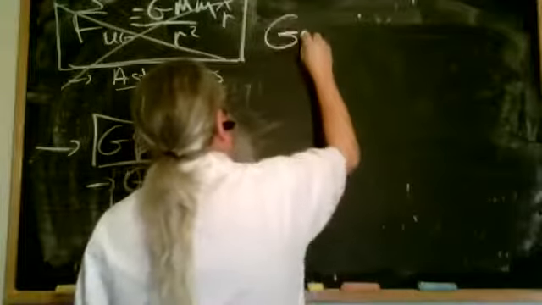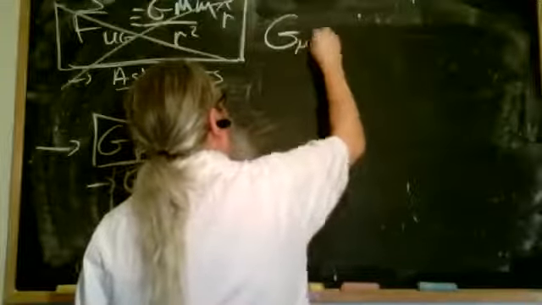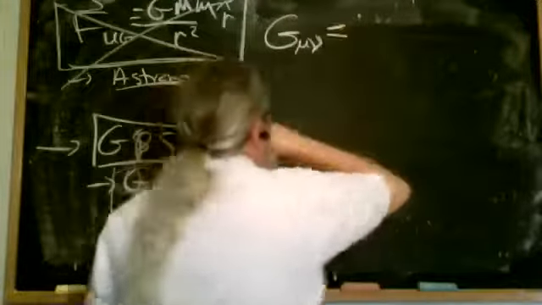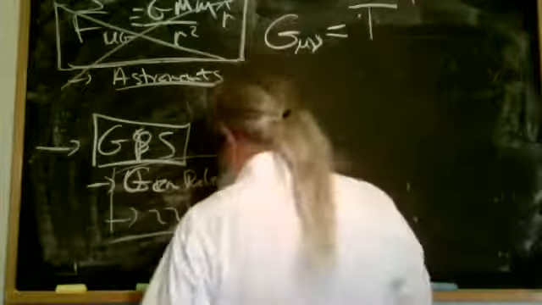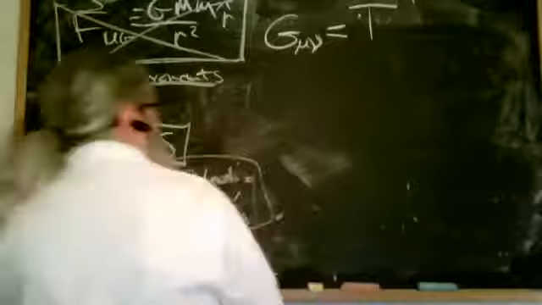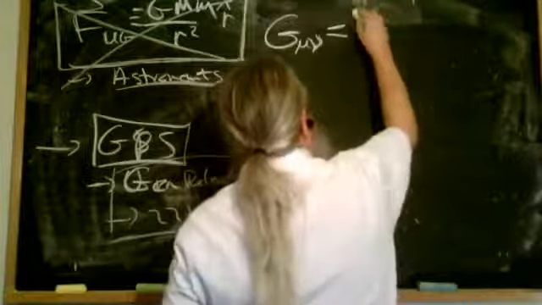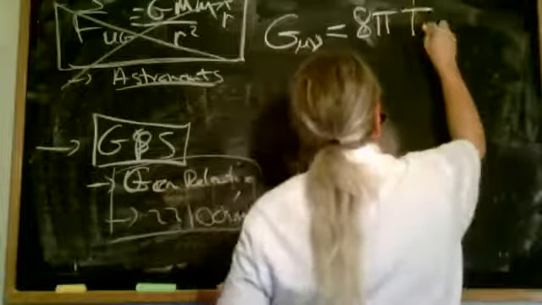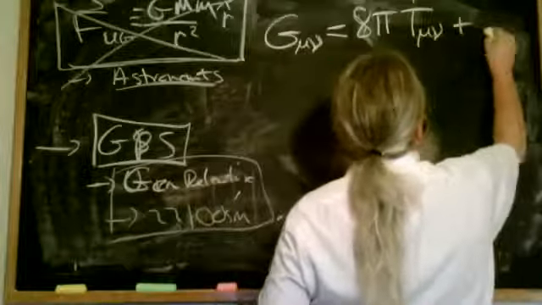It says G, capital G, and two subscripts, which are traditionally labeled by the Greek letters mu and nu, is equal to T. Well, actually, there's a 8 pi in there. People argue about the 4 pi. There's systems where the 4 pi is there, and there's systems where it's 8 pi. The people argue about it, but I'm going to put the 8 pi in there because that's what Einstein did. T mu nu plus some constant.